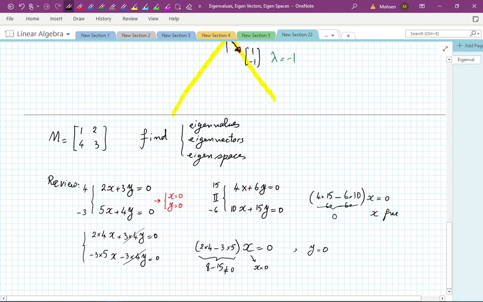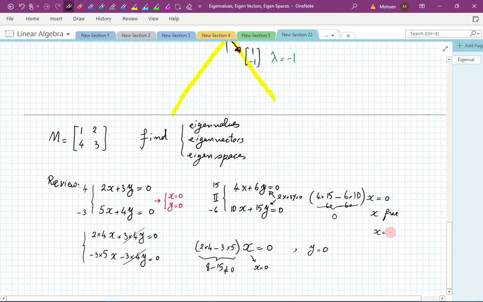So what is causing this? You look at this and see these two equations are really the same equation. These are both multiples of 2x plus 3y. This one you have doubled. So if you take 2x plus 3y equal to 0 and double it, you get that. If you multiply it by 5, you get this. So if you satisfy this equation, both of these are satisfied. How can you satisfy that? Let's choose some nice numbers.